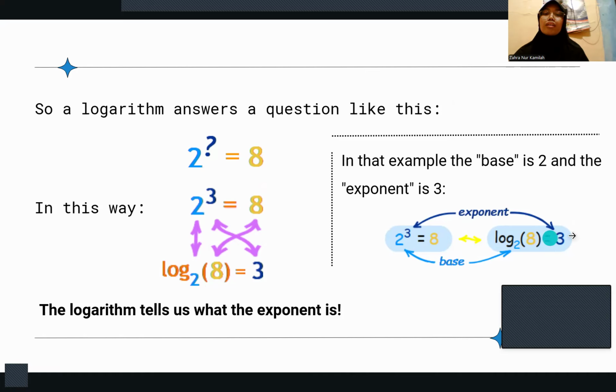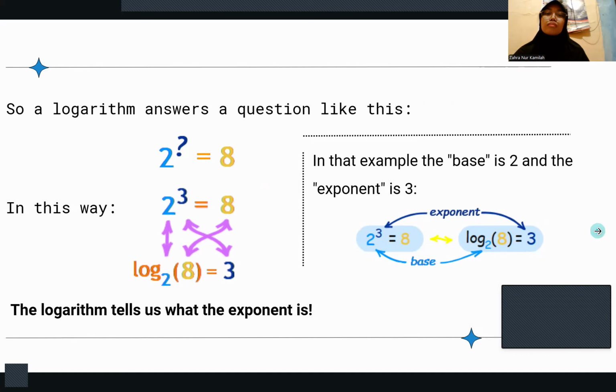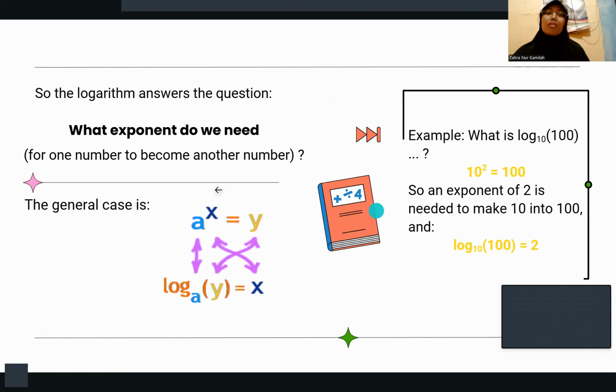So the logarithm answers the question: what exponent do we need for one number to become another number?